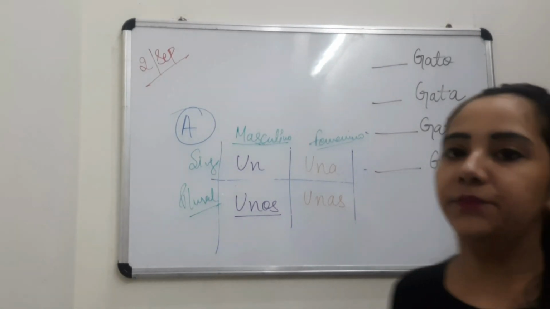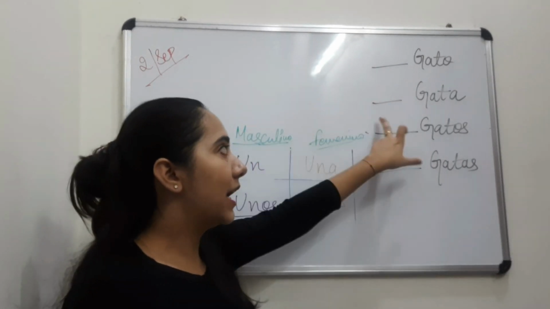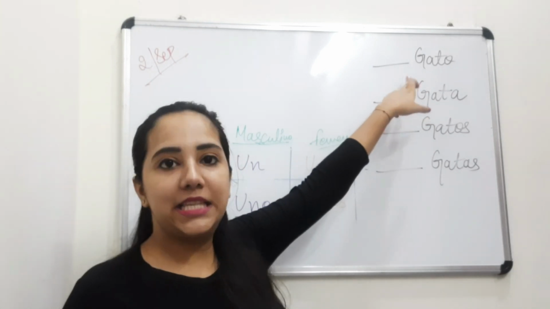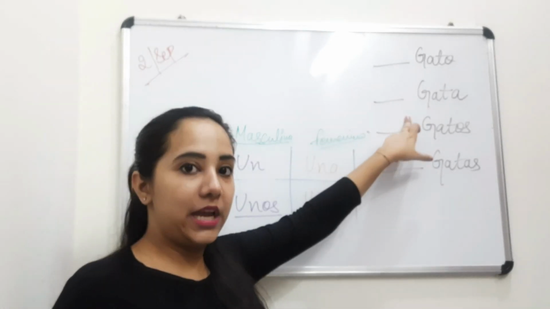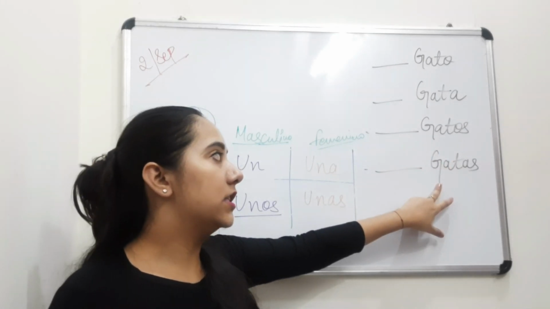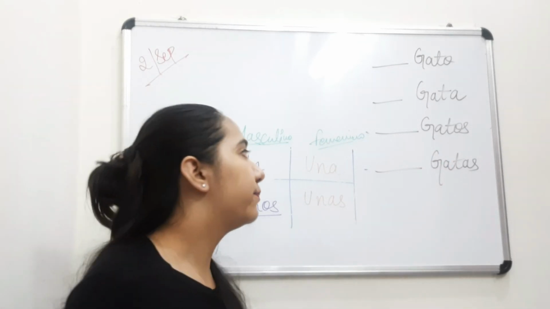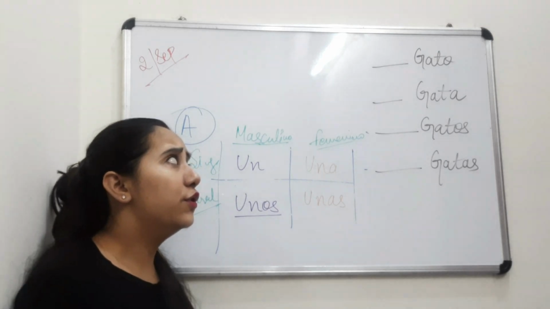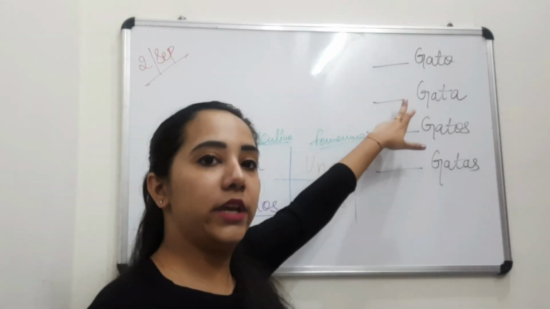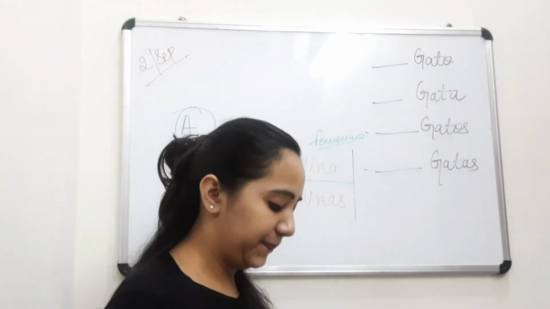Example we have here: gato, gata, gatos, gatas. Gato means cat. Gata is also cat. Gatos is masculine plural cats. This is cats in feminine. Now you know the meaning. Now coming to the article. Gato, which article should come?